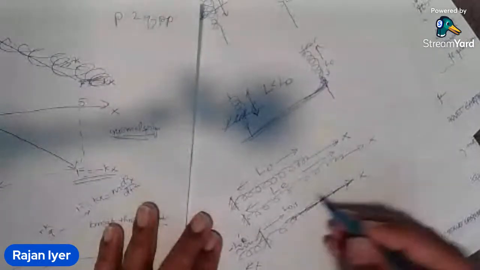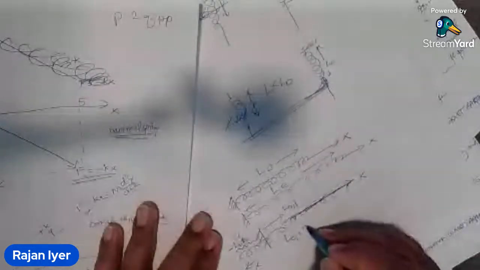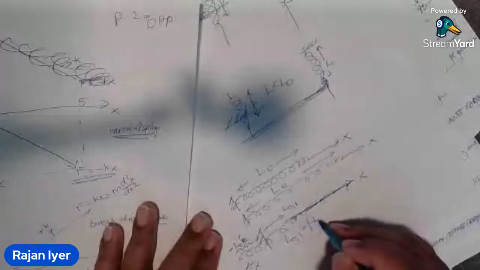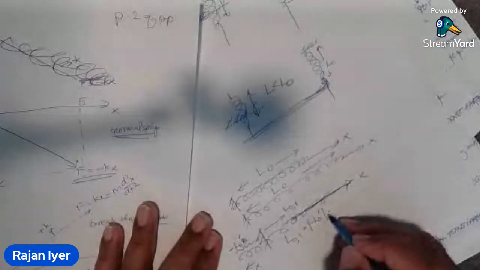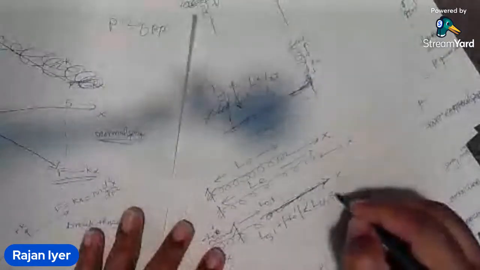And we say that L0 1 plus the modulus value of L0 prime is less than L0, right? Shrunk. The spring has shrunk.